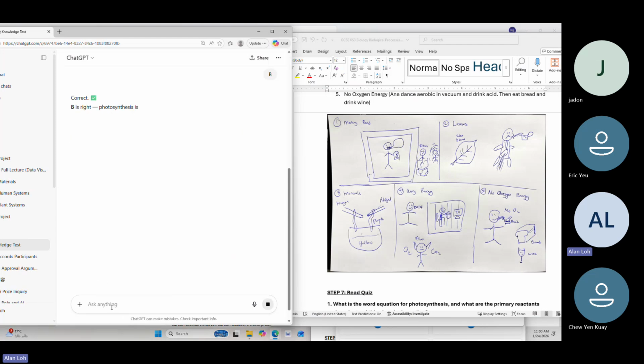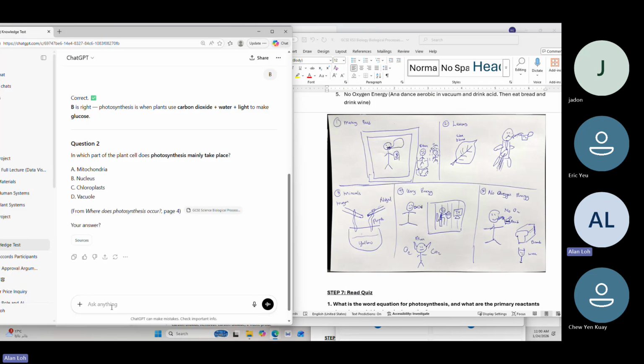Okay, Jaden, question number 2. Which drawer, which answer? So this is drawer number 2 and photosynthesis. No, question number 2. Drawer number what? Drawer number 2.